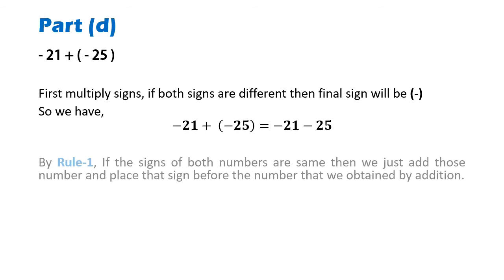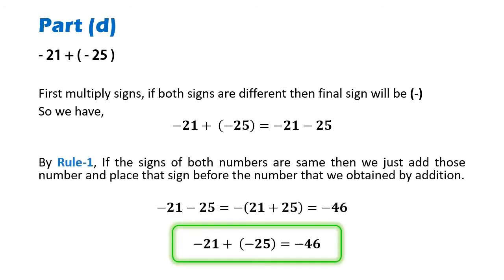Part D. Minus 21, plus, minus 25. First multiply signs. If both signs are different, then final sign will be minus. So we have minus 21 plus minus 25 equals minus 21 minus 25.